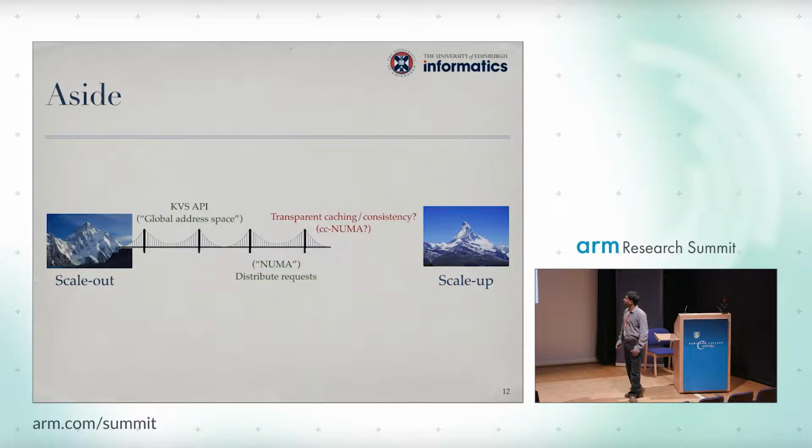And then what you did was use capabilities like RDMA to distribute requests. So what is essentially missing is the transparent caching and consistency protocols that are provided by today's scale-up systems. So the question is, can we bridge this?